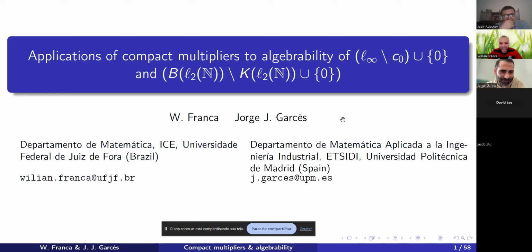All right. Thank you very much for the presentation. I also want to thank the organizers for giving me this opportunity of being here today to give this talk. So as Jorge said, I'm going to talk a little bit about application of compact multipliers to algebrability. What I have planned for today is to present a general scheme, how the results were actually obtained, because there are so many technical details, and I don't want to overwhelm or bore the audience.